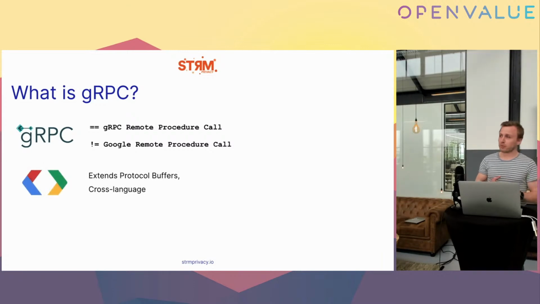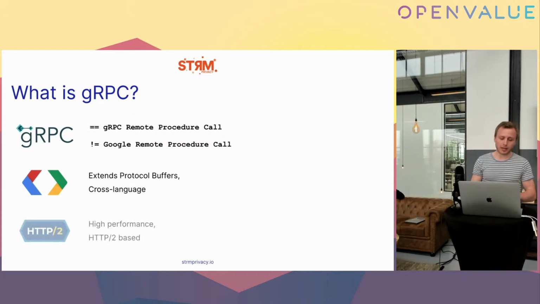It extends protocol buffers, and it has cross-language support there, because protocol buffers can be generated into various languages. From the top of my head, I believe over 10 at the moment. And it's high performance, and it's HTTP2 based. So it's meant as transport between a client and server.